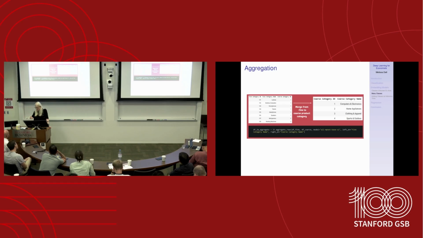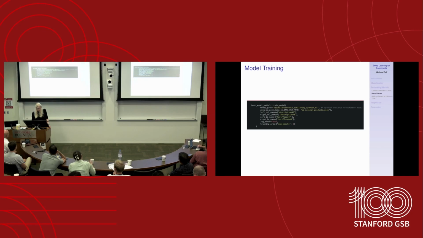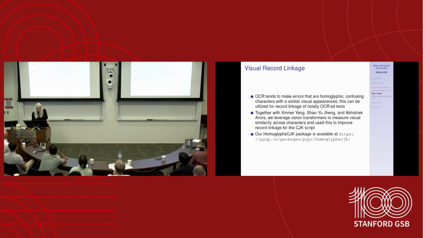We have these tariff schedules, and every month they change the name of the products, and you need to be able to link them together. This was before harmonized data, so there are no codes. You just have the description of the product, its name, and the tariff, and we were able to get really high accuracy using this model for those products. It's pretty straightforward to train a model.